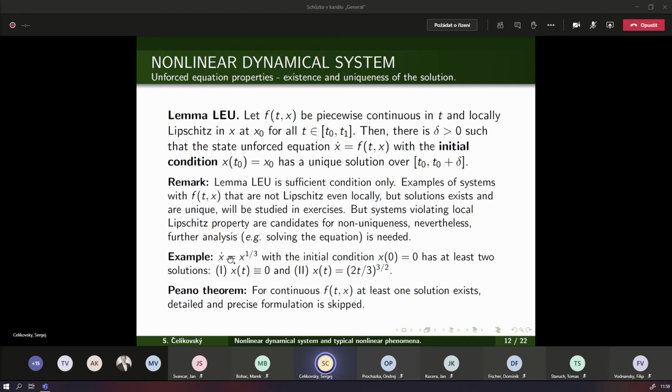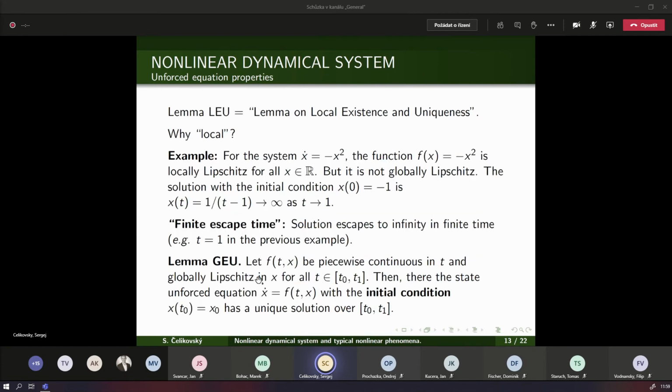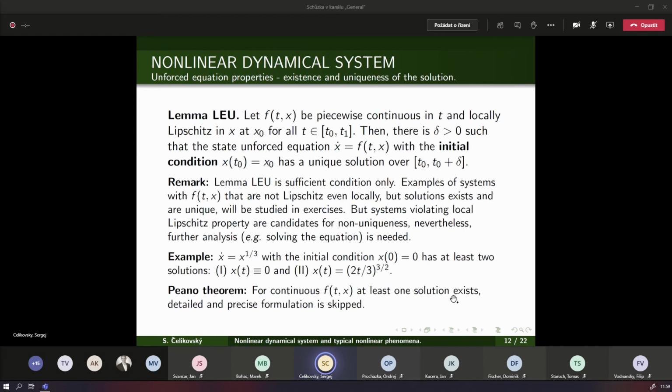So here you can check this solution is really a solution because for the identically equal to 0 function, if you take the cubic root, you will have still an identically equal to 0 function, right? And if you take the time derivative of the identically 0 function, it's again identically 0. So this is definitely a solution.